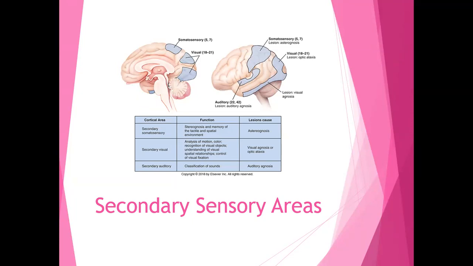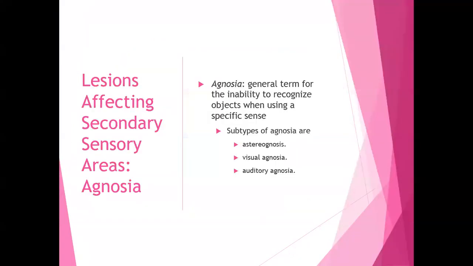So there's a really nice one-to-one function of what an individual cortical area does and what lesions in that area cause. So I like it. It's organized. It makes sense. Agnosia is the general term for the inability to recognize objects when using a specific sense. The subtypes are astereognosis, visual agnosia, and auditory agnosia.